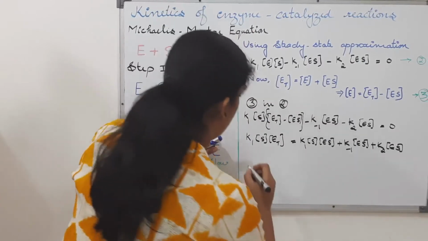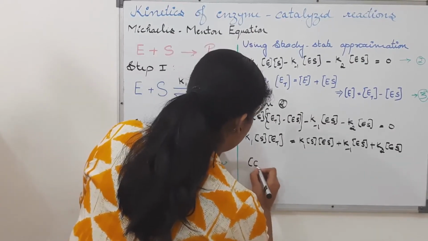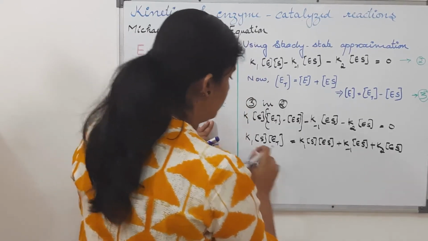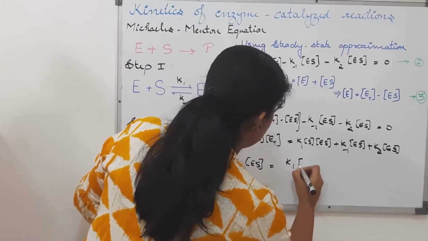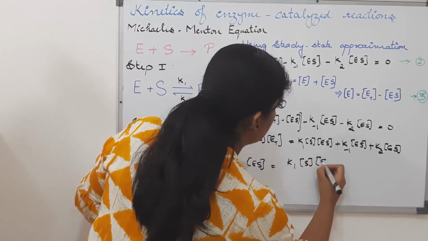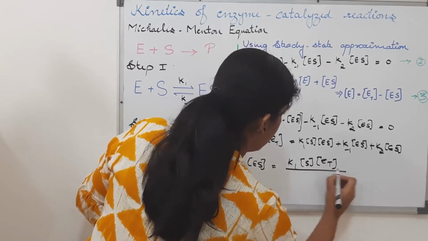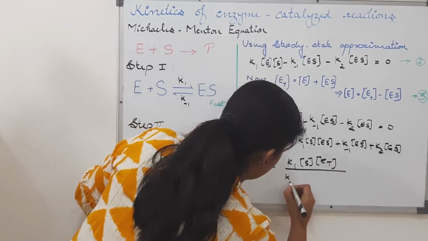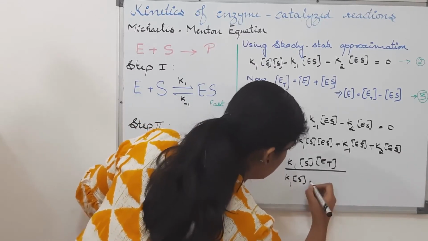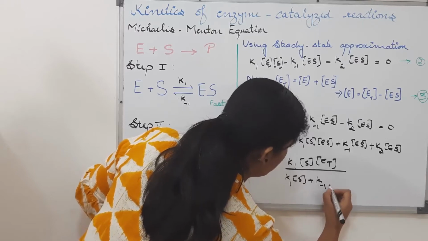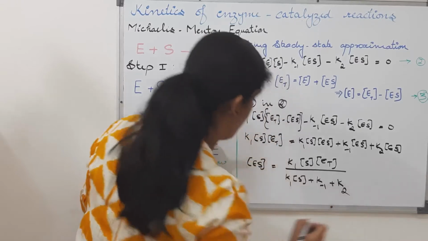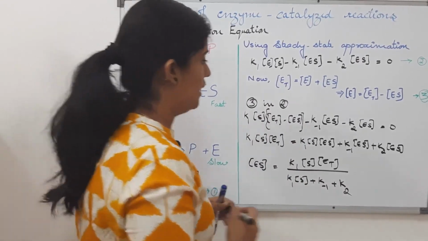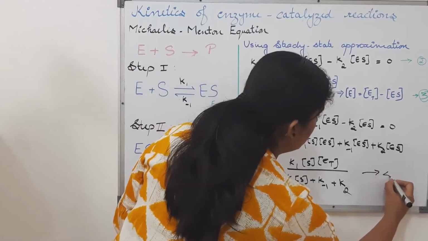So finally this equation turns out to be ES equals K1 into concentration of S into concentration of ET divided by the terms without that ES, that is K1 into concentration of S plus K minus 1 plus K2. Now we have got an equation for ES, and let this be my equation 4.